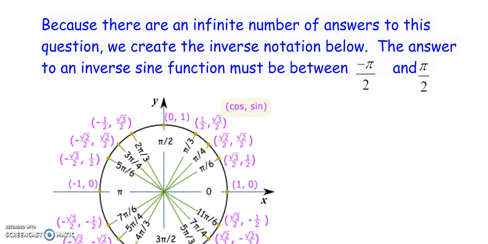Hopefully from the earlier part you picked out that there are an infinite number of answers to this type of question: the sine of what is 1/2, or the sine of what is radical 2 over 2. It comes up in two places, and there's an infinite number, more than just two.